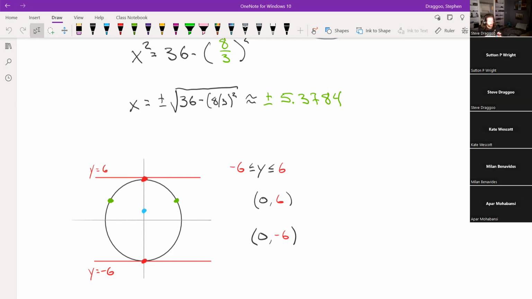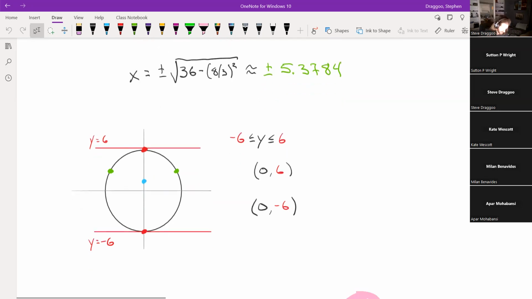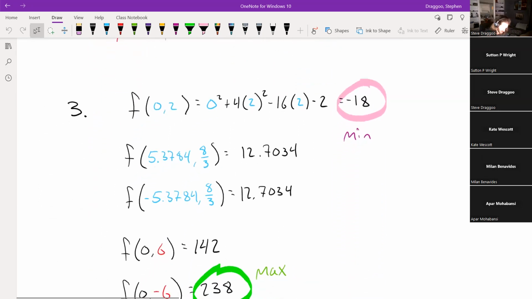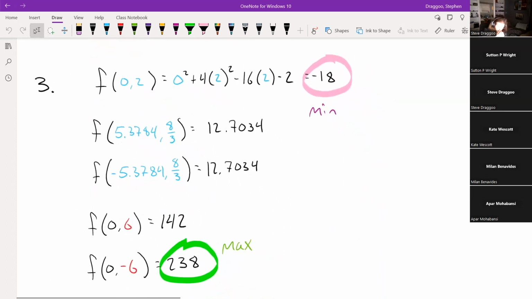So with these now 5 points all together, I just need to plug each of them in to find my maximum and minimum. I also did that step ahead of time because it seemed easier that way. Why don't I label those guys in green just to keep things consistent.